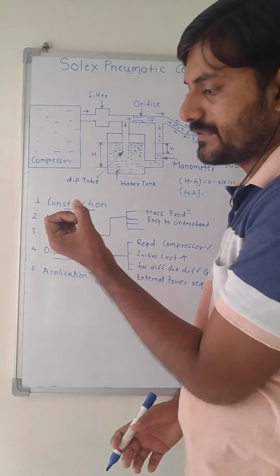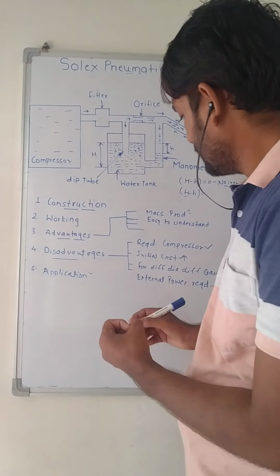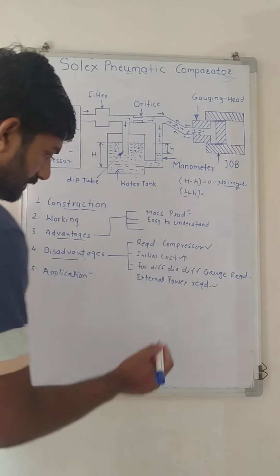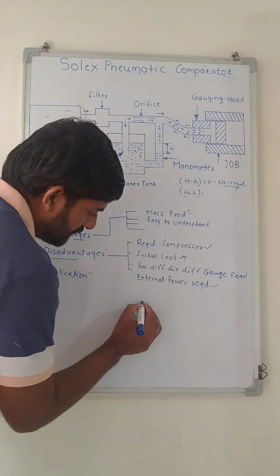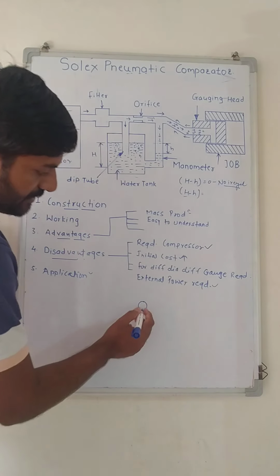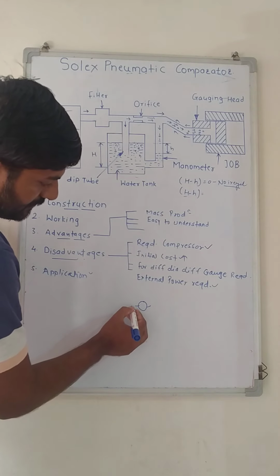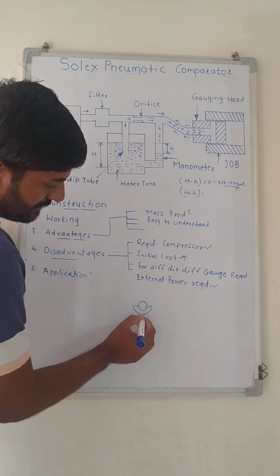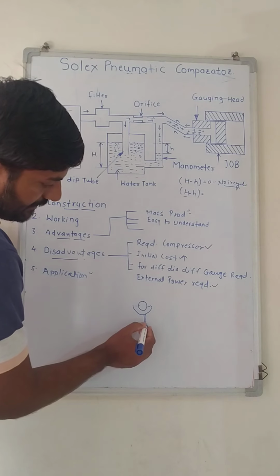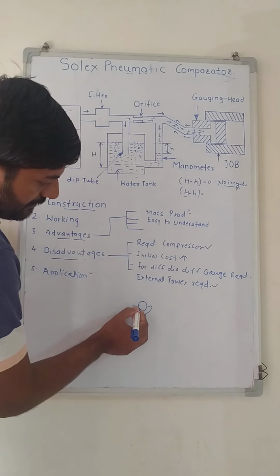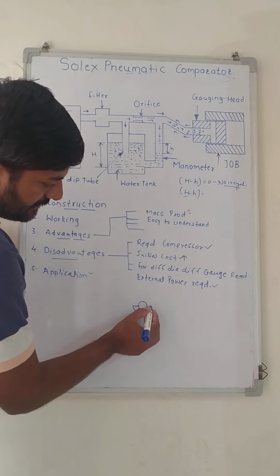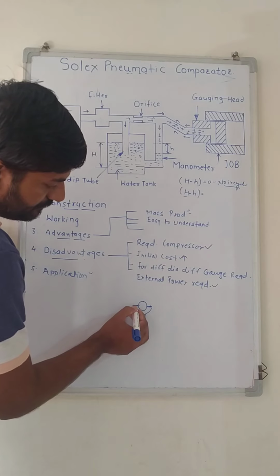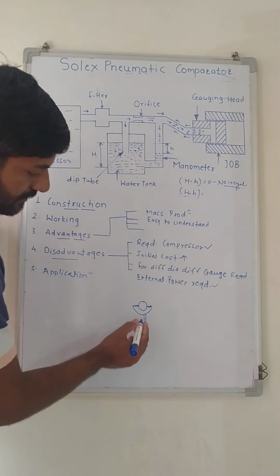Let us see how to check external diameter. Suppose this is a cylinder and we have to check its external diameter. The gauging head will be like this. Air comes through this, and here he will measure its circularity.